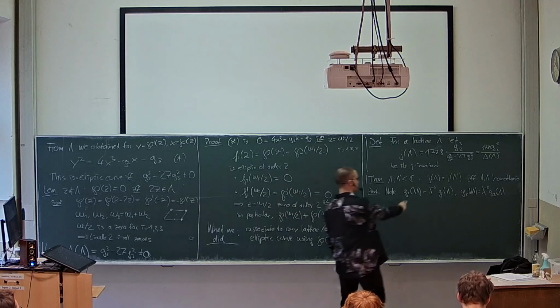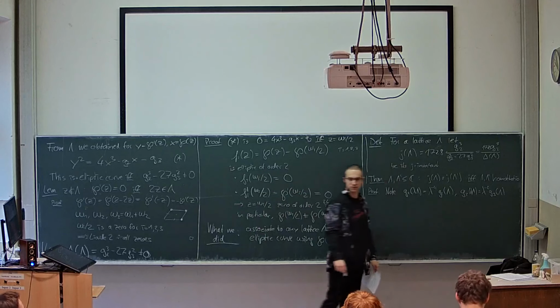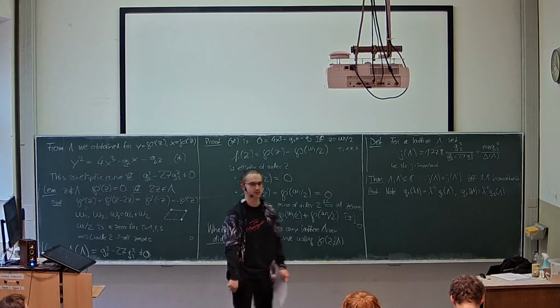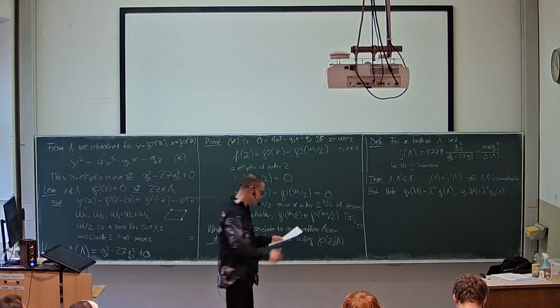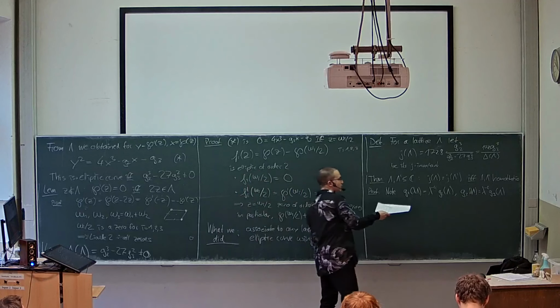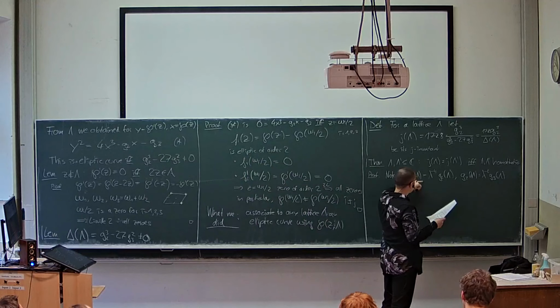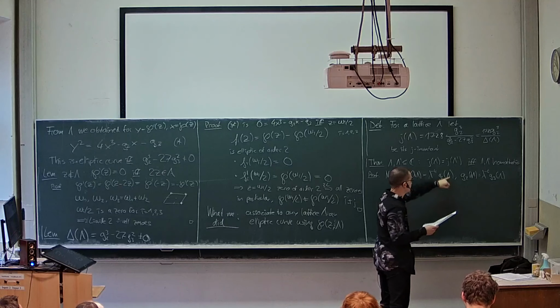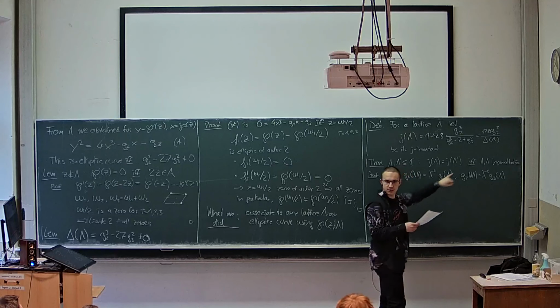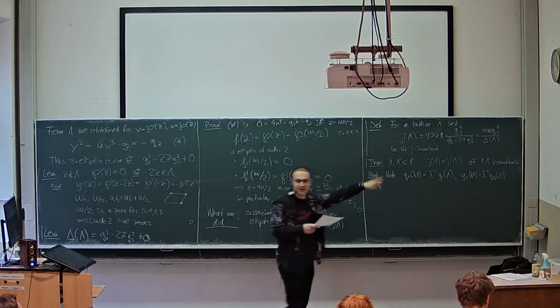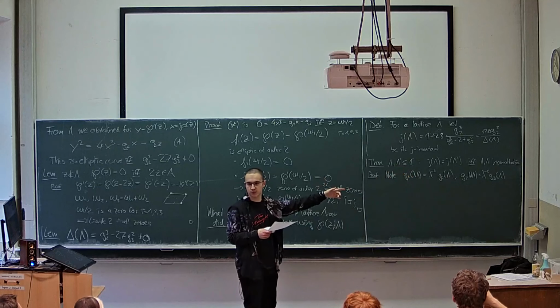So we define G2 and G3 in terms of the Eisenstein series of degree 4 and 6. So this is why there's a 4 and a 6. And now this gives us that these things are homothetic precisely when we can arrange the constants like this, meaning precisely when the elliptic curves are isomorphic.